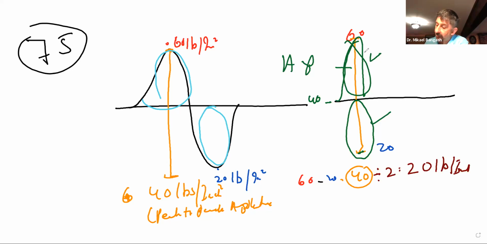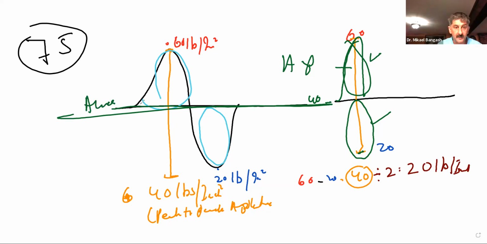Second sentence: amplitude is the difference between the maximum, which in this case was 60, and the average or undisturbed value of an acoustic variable. So this middle line is your average.